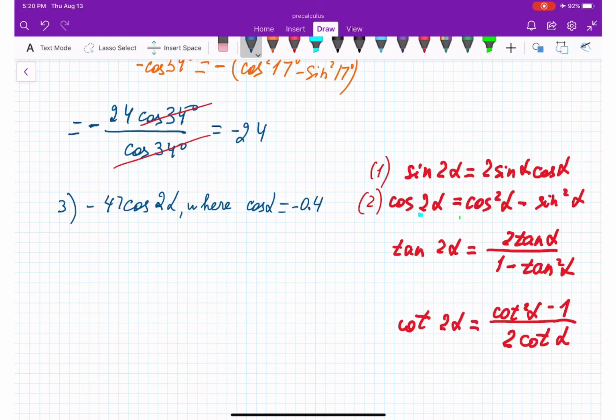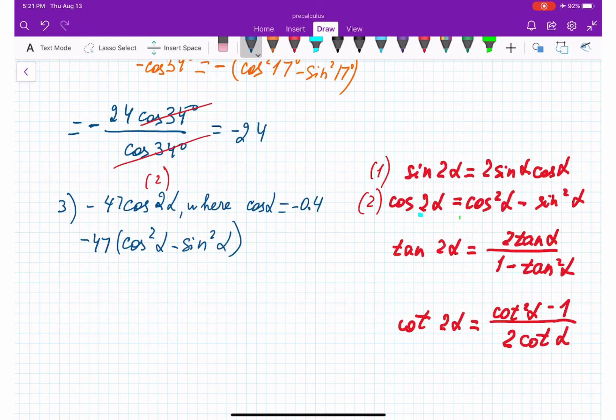Okay, so let's apply formula 2 to cosine 2 alpha, which is going to be negative 47, and we are getting cosine squared alpha minus sine squared alpha.